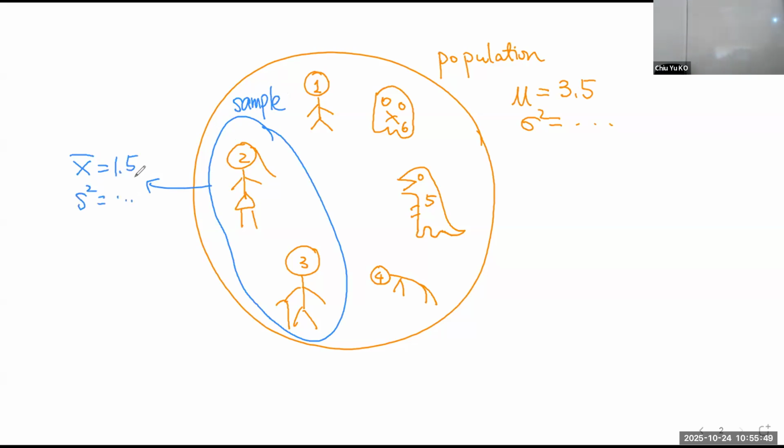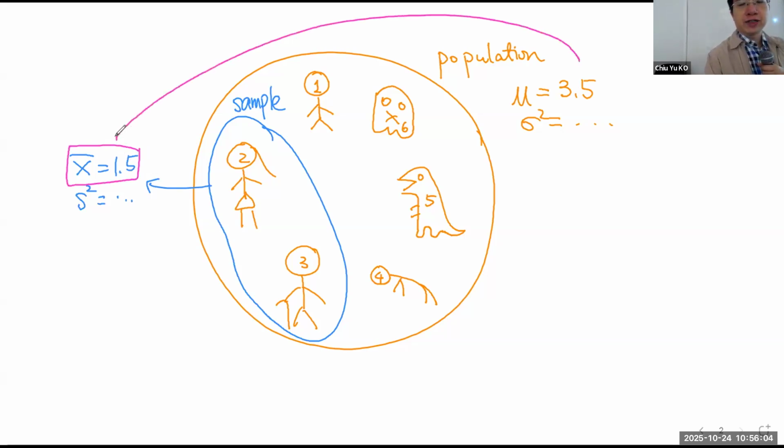And estimation tells us that as long as we draw this sample correctly, this will be a good guess of this number. Of course, it will never be exactly right, but it can be a good guess. That's what we call estimation.